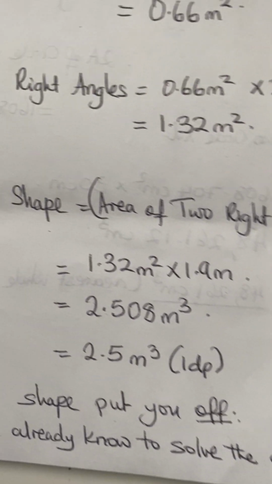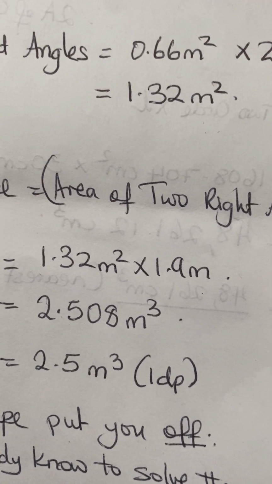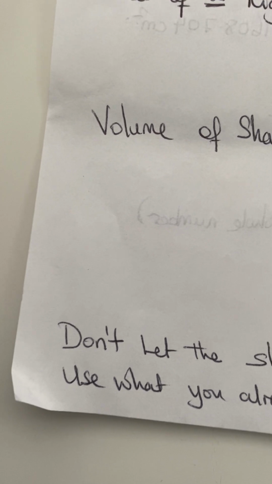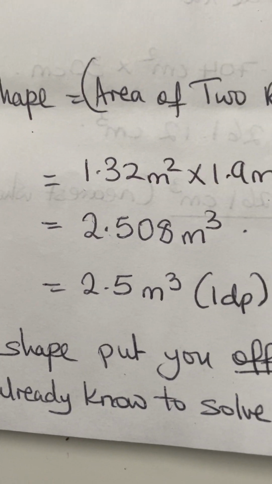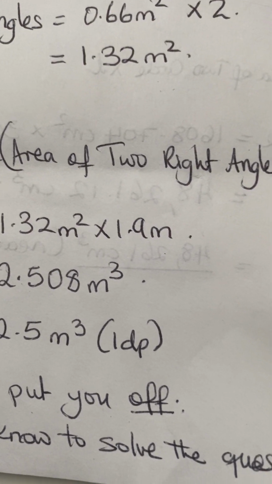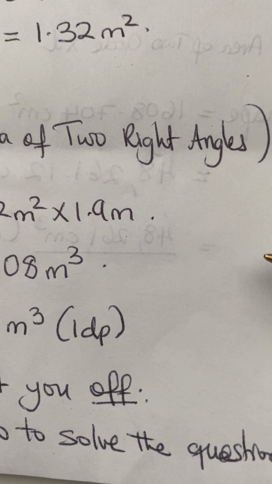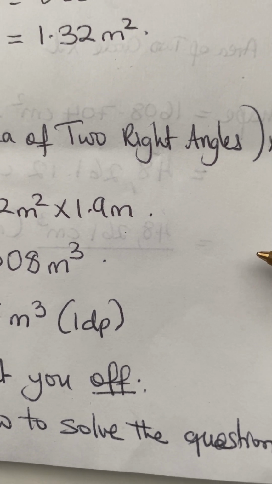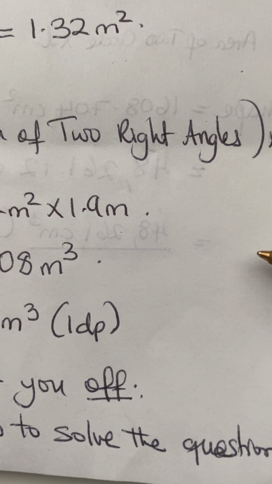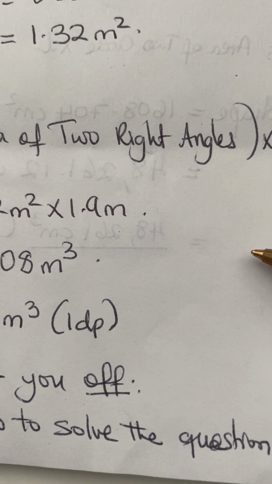So I just apply what I already know. So use what you already know to solve the question. Don't look at the diagram and say, I didn't learn anything like this, so I'm not even going to attempt the question.